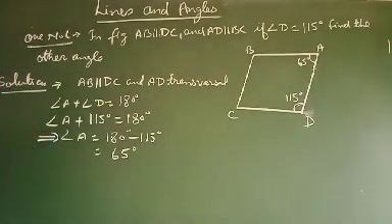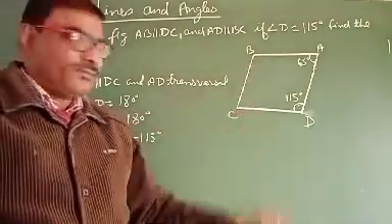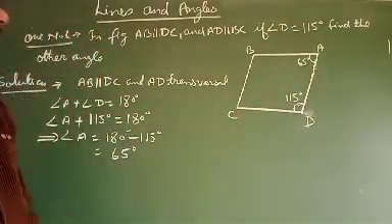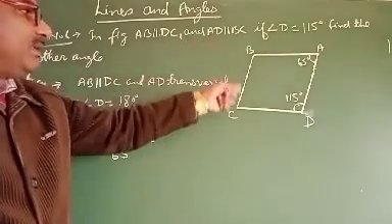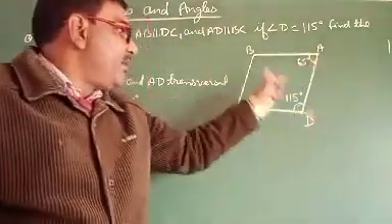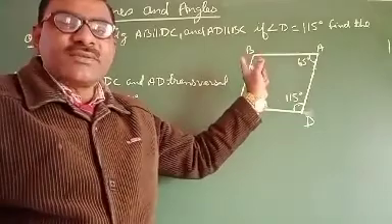Now we have to find out angle B and angle C. We are given that AD is parallel to BC. You see that here AD parallel BC and AB is the transversal.